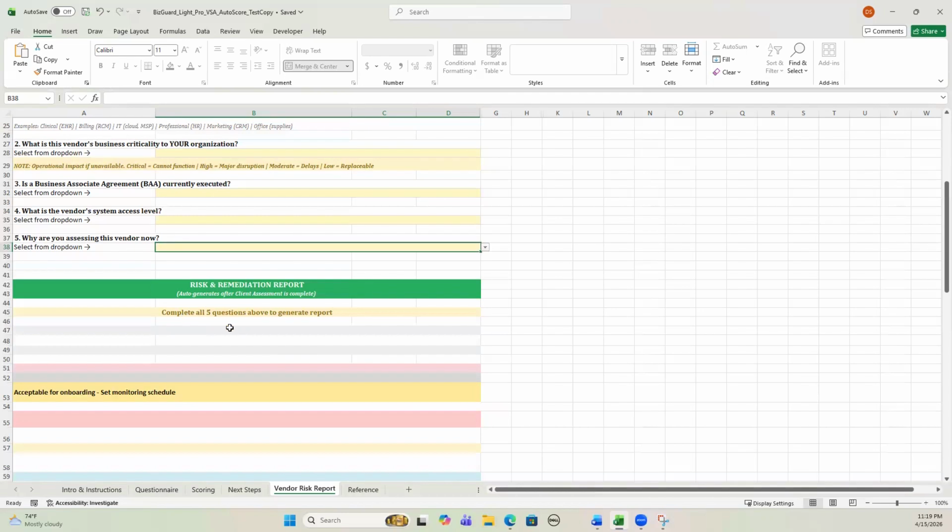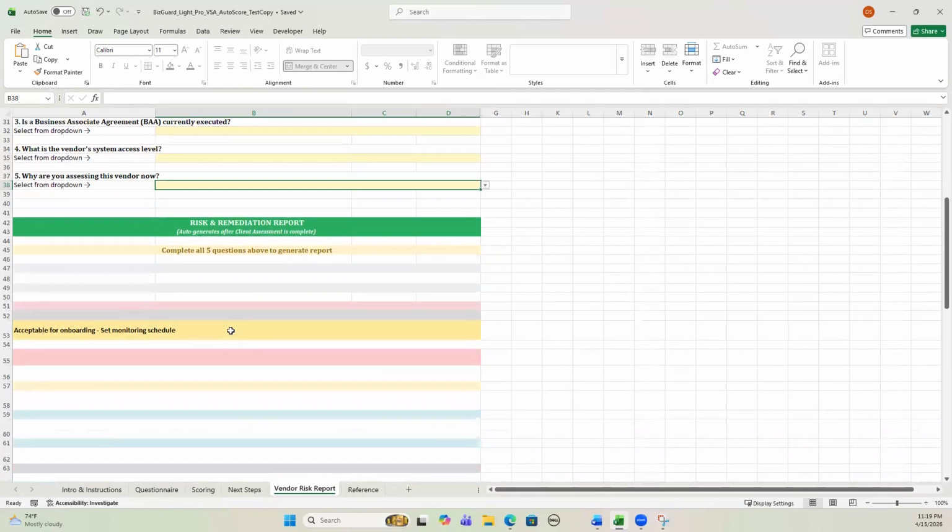So underneath this outcome, you get specific recommendations. You will see it later when I fill in the questionnaire. They are automatically generated based on your exact combination of vendor role, their risk tier, and assessment context. It's not generic advice.